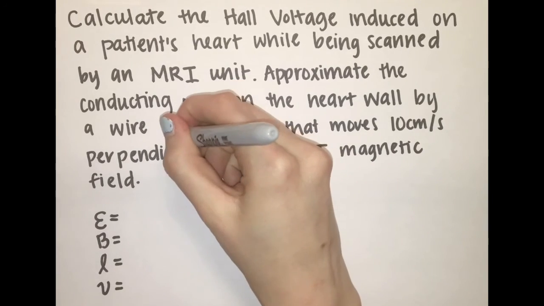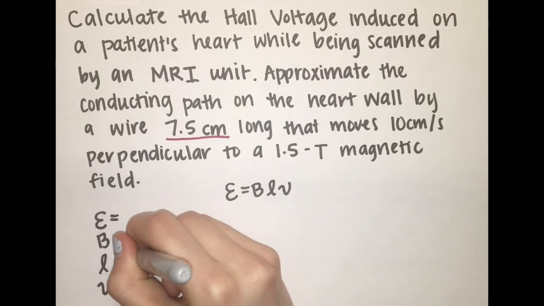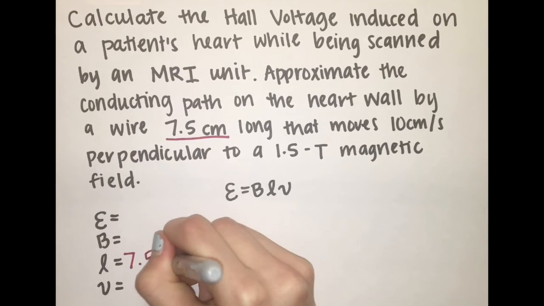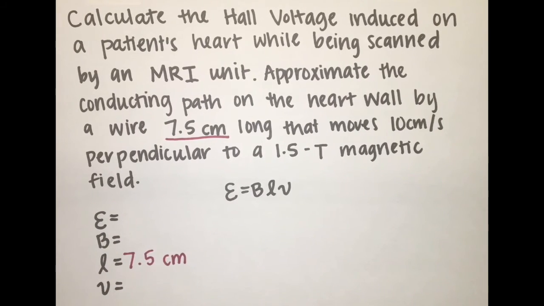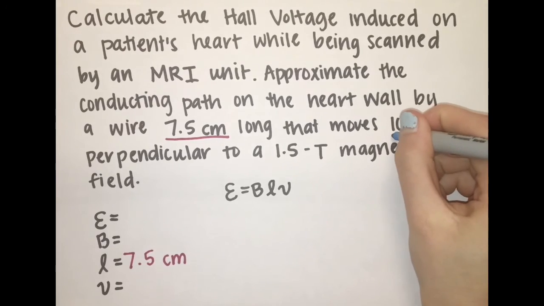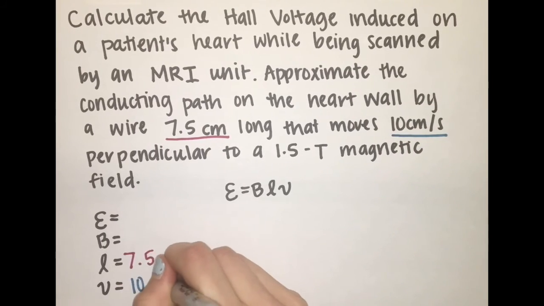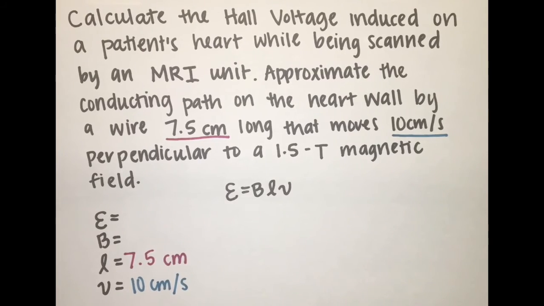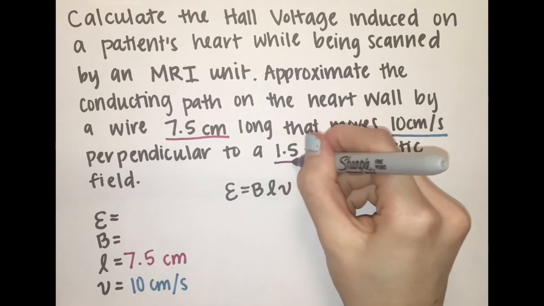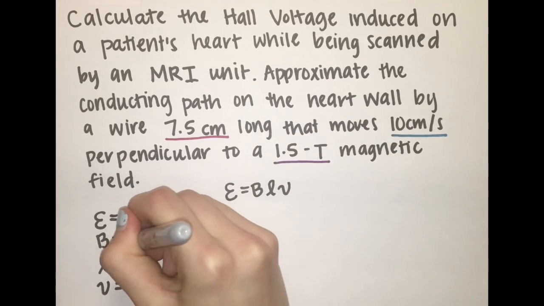We will be using the equation that we just solved for, and from the problem, we know that the length is 7.5 centimeters and that the velocity is 10 centimeters per second. It also tells us the magnetic field strength, which is 1.5 teslas.